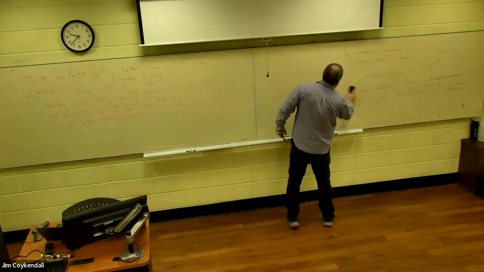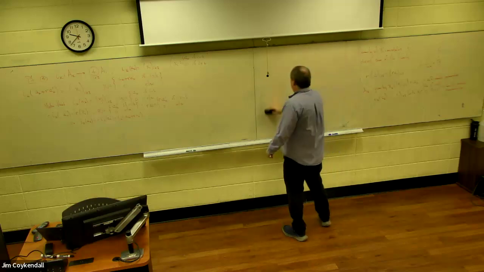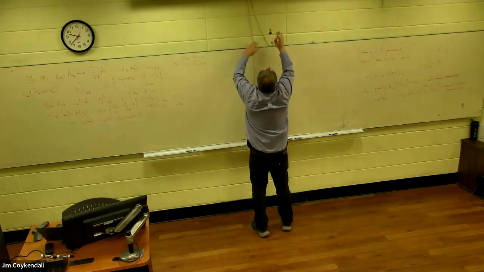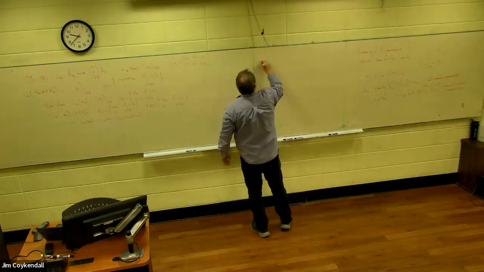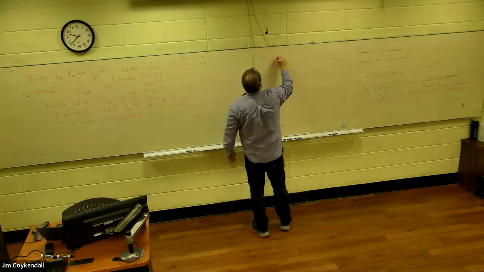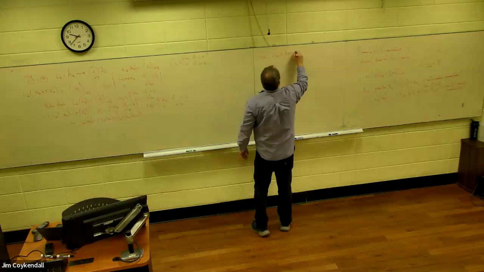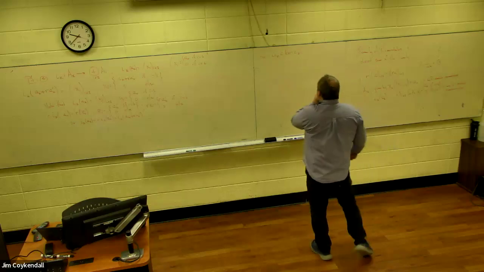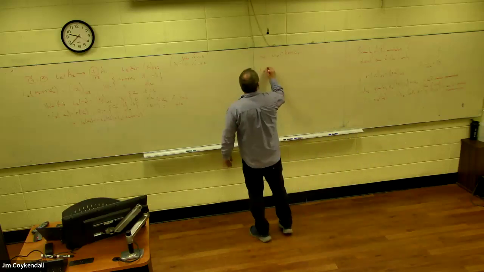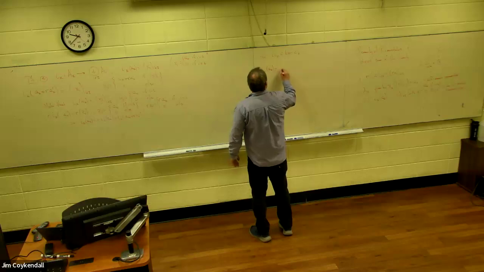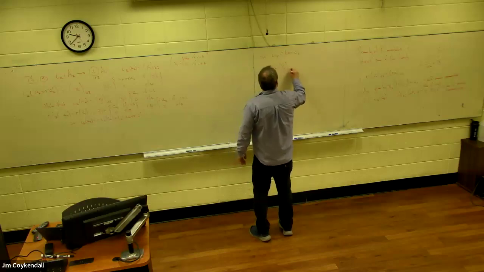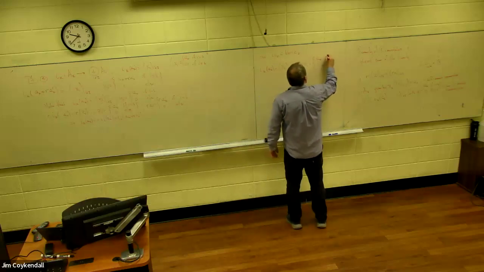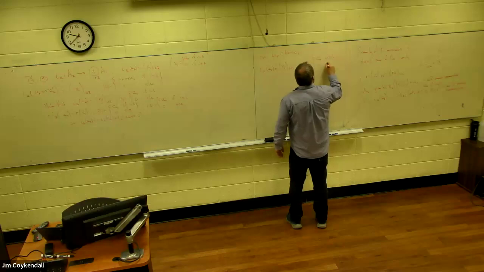let's suppose a_k is in the kernel of iota_k. So iota_k of a_k is equal to, with x_i equal a_k, 0.